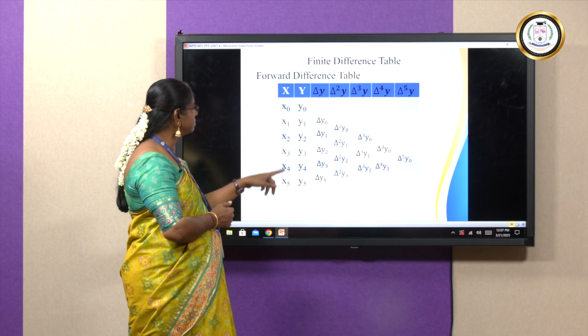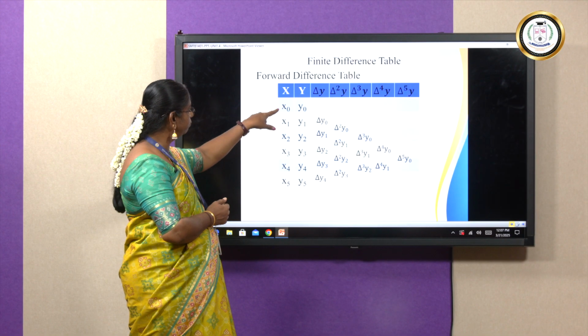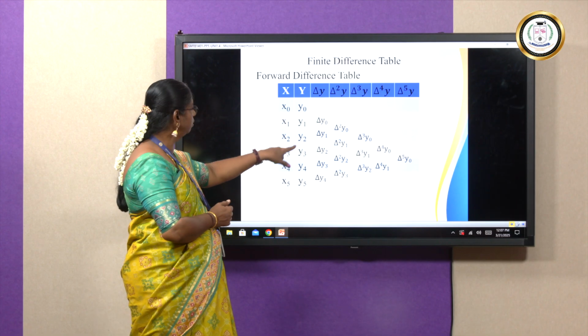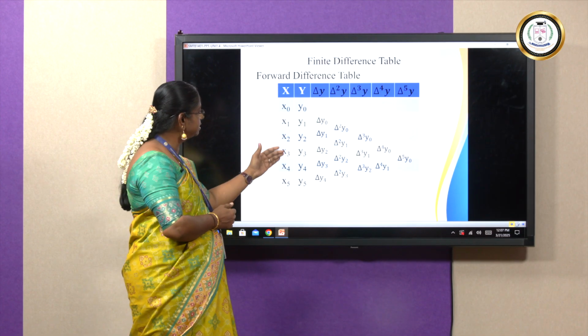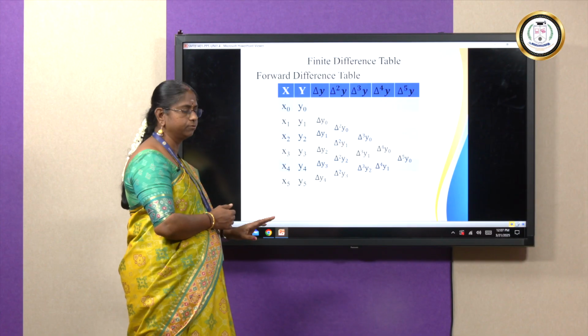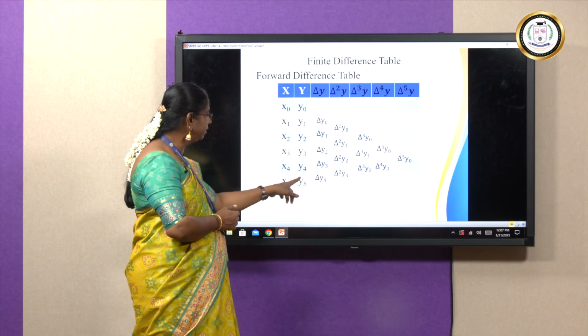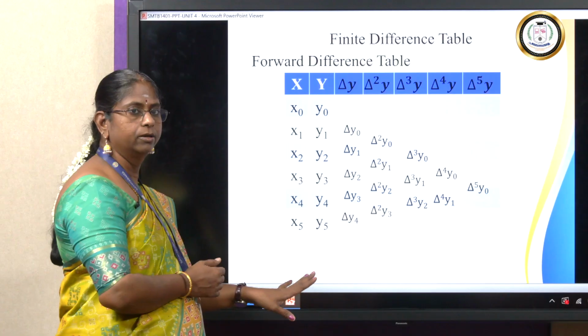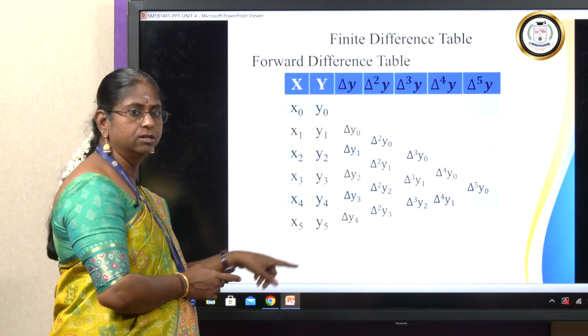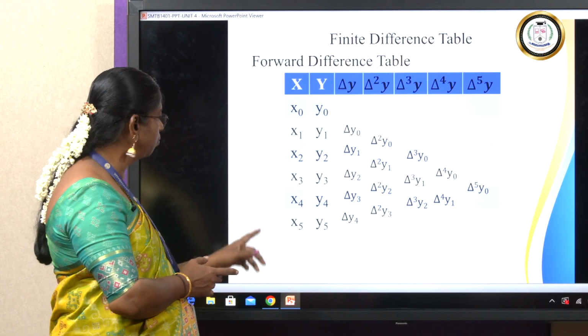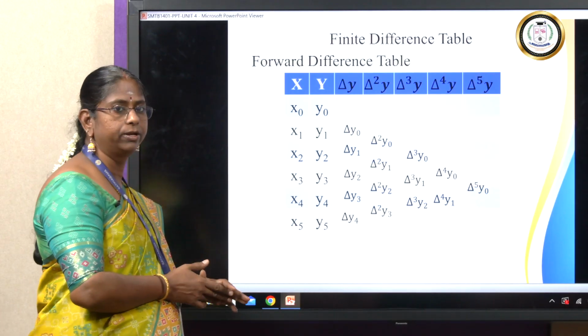The difference y1 minus y0 is delta y0, and y2 minus y1 is delta y1. Like this I can find the first differences. I could not find delta y5, because if I want to find delta y5, I need y6. So y6 is not in the table. So I could find only delta y4.